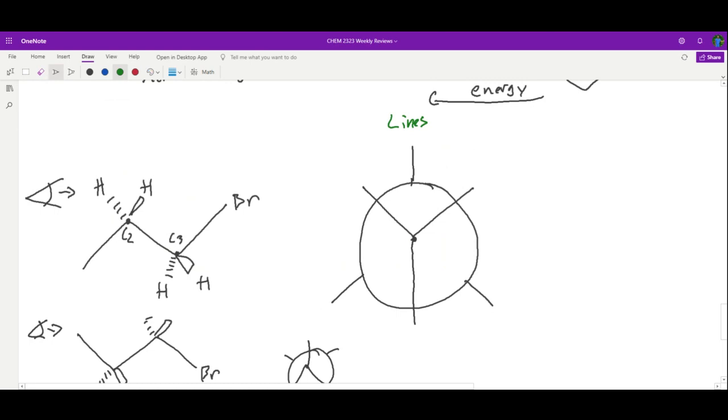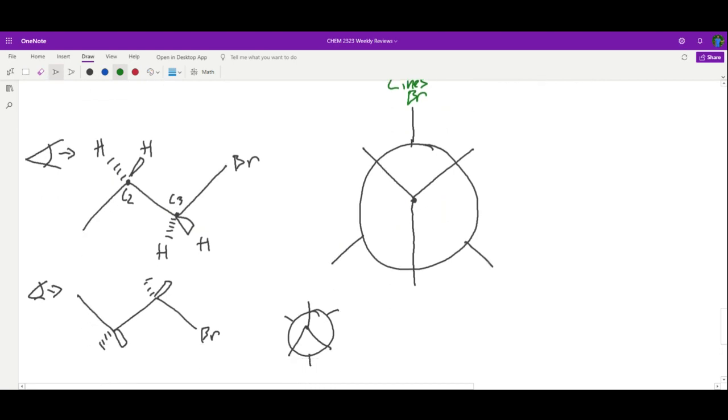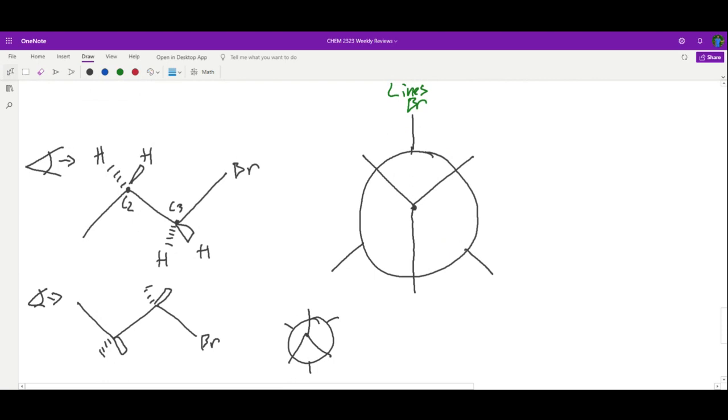Okay, so let's put our line structures in already. Again, the back carbon is C3. It's bonded to bromine, so it goes right here. Can you move it down a little bit? Yeah. Is that good? Yeah, that's good. Okay.